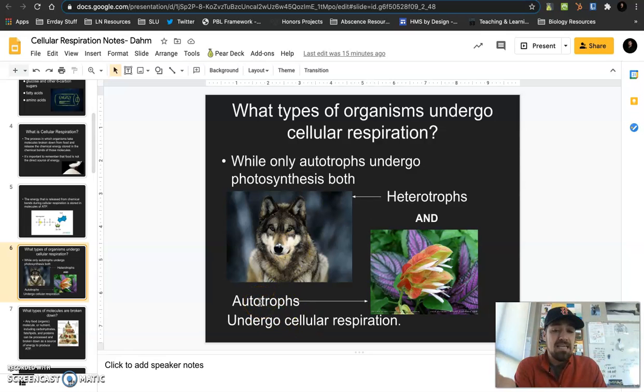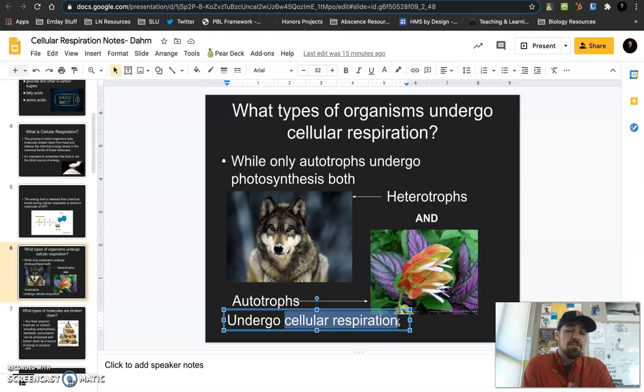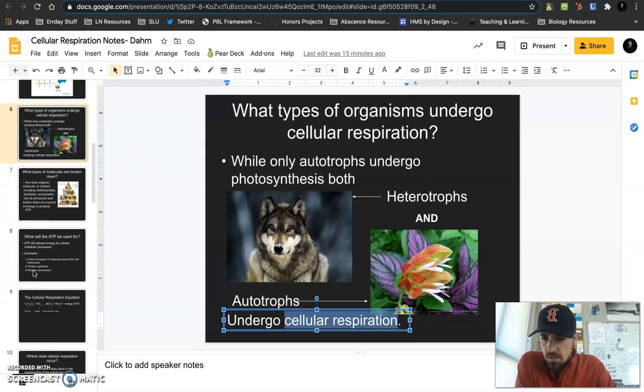They don't have to eat, so they have an extra step, right? Think about plants. How do they get the food that they need? Photosynthesis, right? So they have photosynthesis to make sugar, which then they use to do cellular respiration. We don't have to do photosynthesis like plants do because we eat the sugars that we need. We don't have to make them. Okay, hopefully that makes sense.